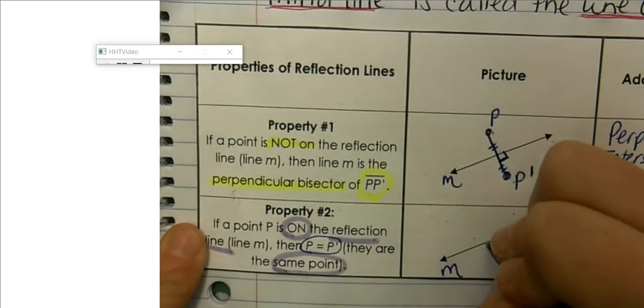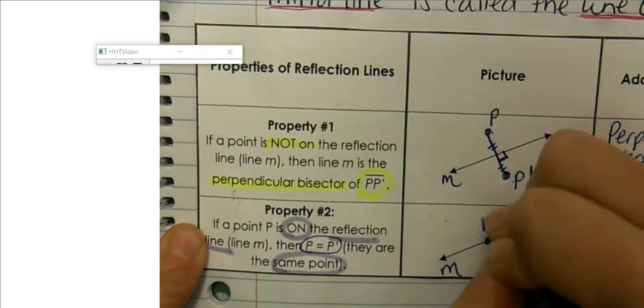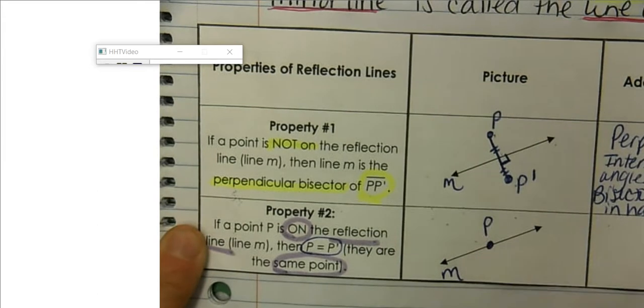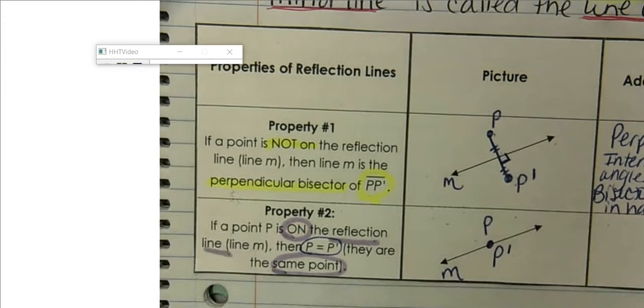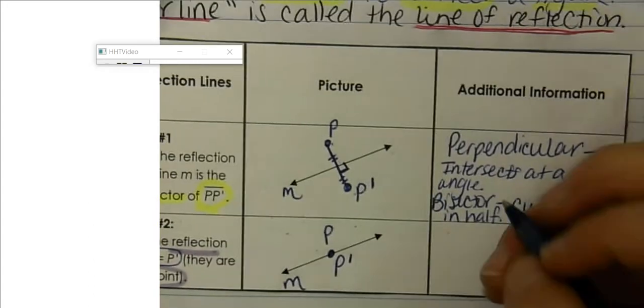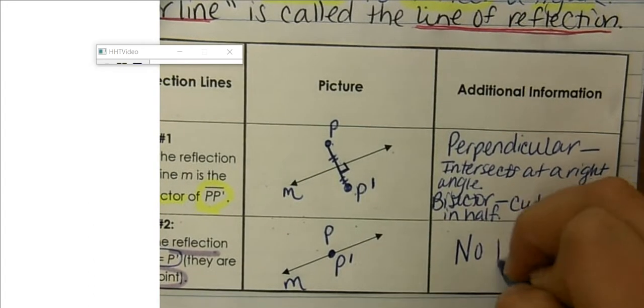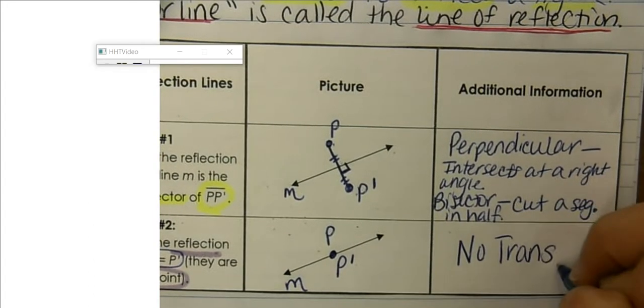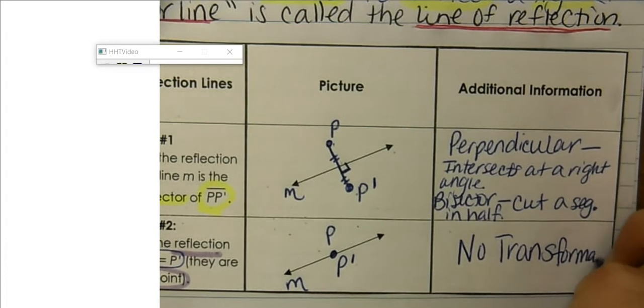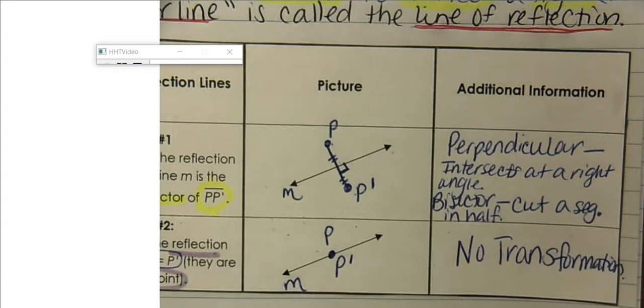So if I were to draw a point P on the line, its reflection is also going to be the same point. What that means is that there will be no transformation taking place here. The point and its reflection are the same exact point. There's nothing for you to count.